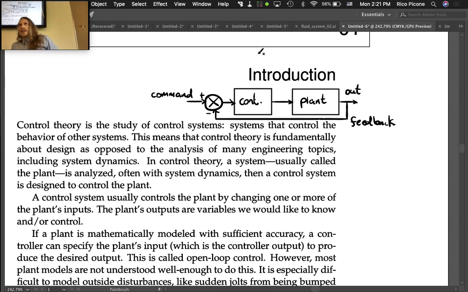Like, I'm pretty sure that speed settings on small appliances are not being fed back. There's no measurement of how many RPMs my blender is actually going at. Maybe it's supposed to be 8,000 RPM at this setting, and it's probably off by 20%, but nobody cares, right?